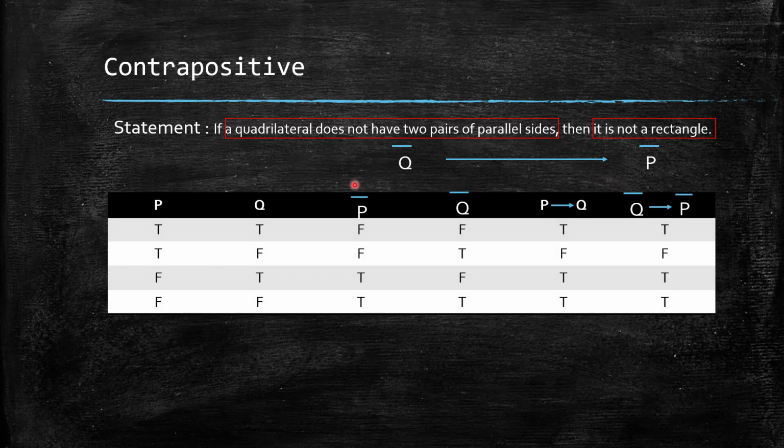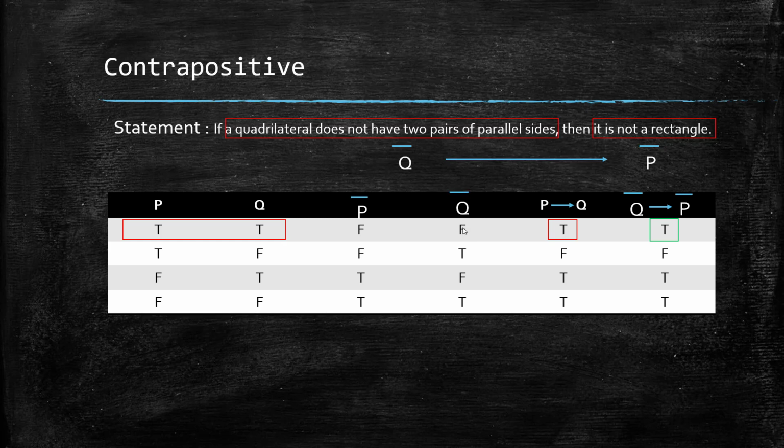So for that we will just directly go to the truth table first. If I draw the truth table, you see when P and Q both are true, our P implies Q was true, right? So that is fine. Now when these two are true, our P bar and Q bar become false. So if I go by the logic of conditionals, when P and Q are true, P implies Q is true. And when P and Q are true, P bar and Q bar both become false, so Q bar implies P bar is true too.